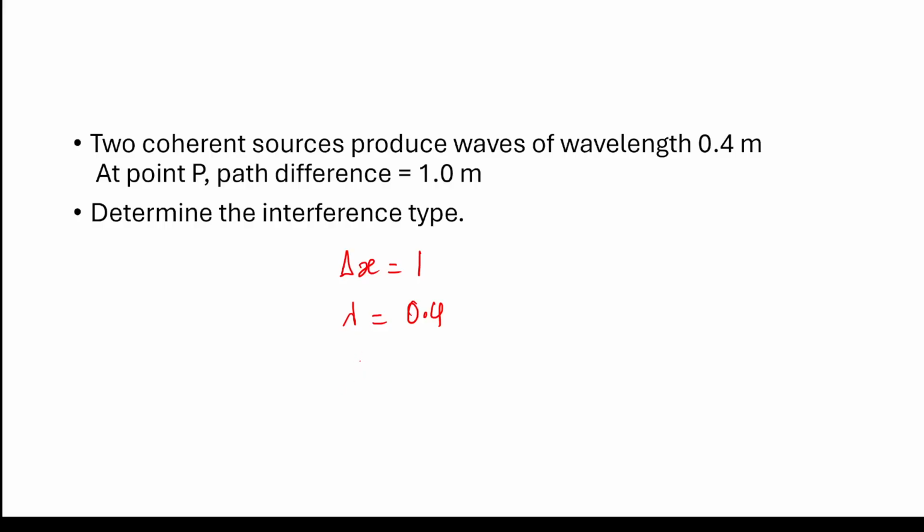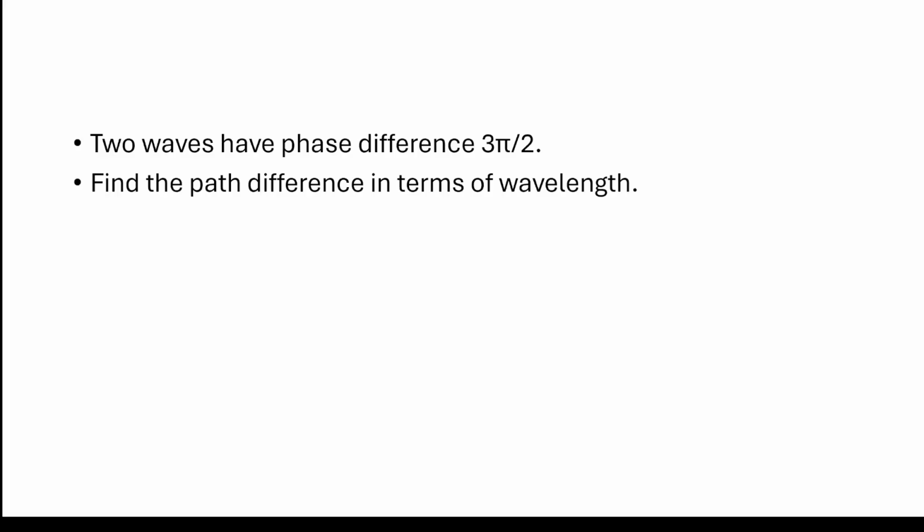So 1 divided by 0.4 is giving me 2.5, which I can write as 5 times lambda over 2. So it's the 5th multiple of lambda by 2. So the interference is destructive. If it is not an integer, it is destructive.